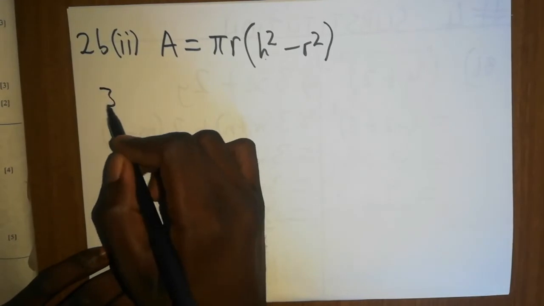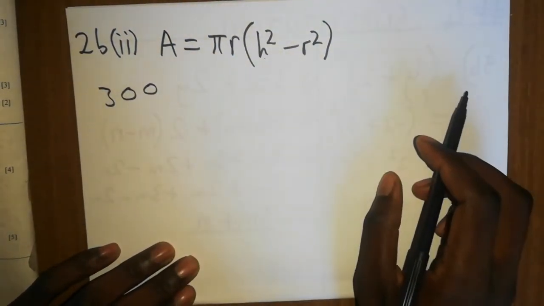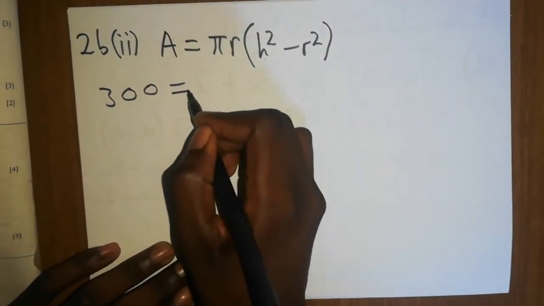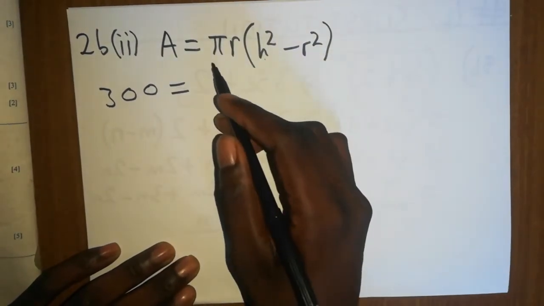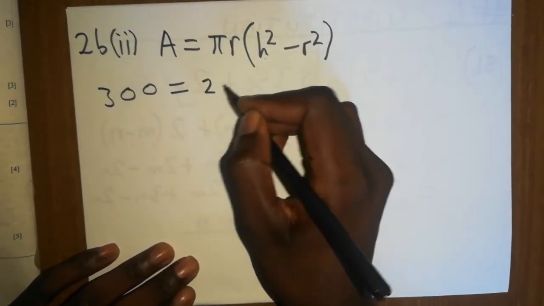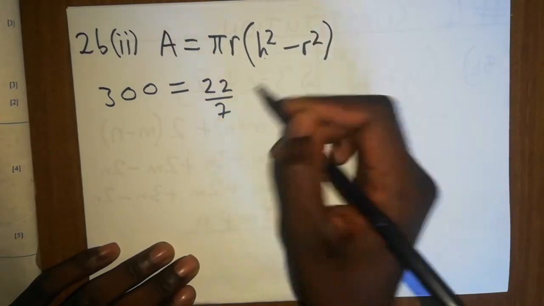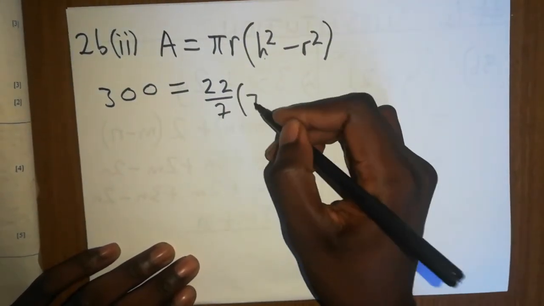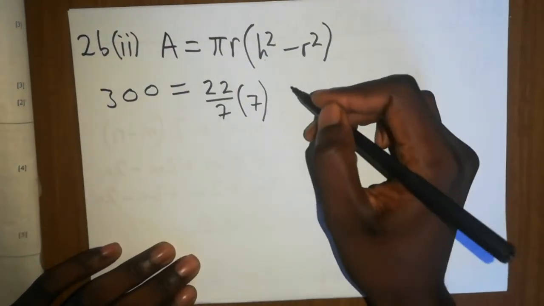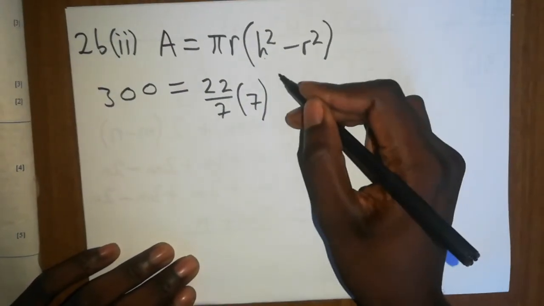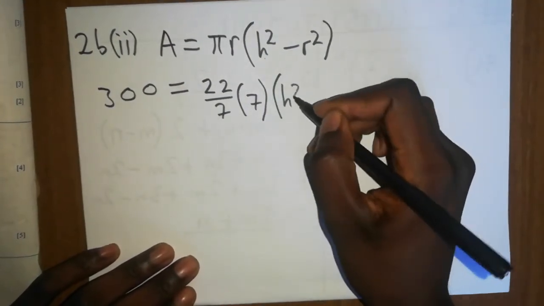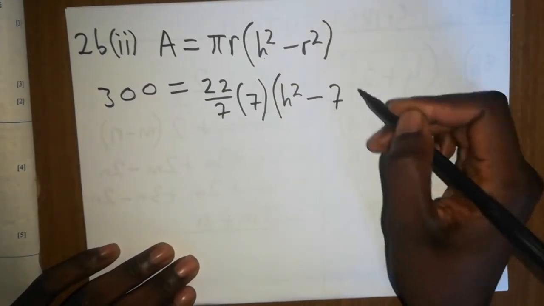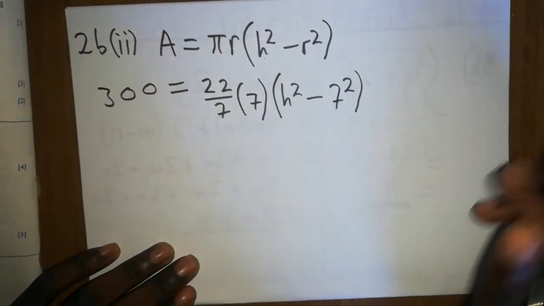Our A is equal to 300. We've got 300 is equal to, our pi is 22/7. I'm going to put a bracket there. Our r is 7. Then we've got our bracket with h squared minus 7 squared, like that.